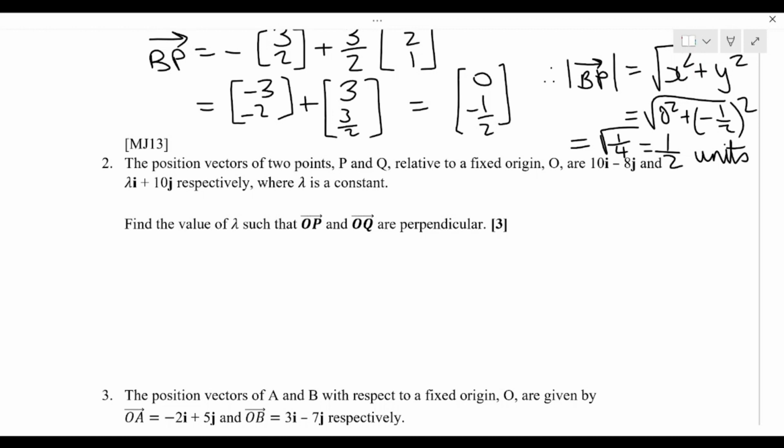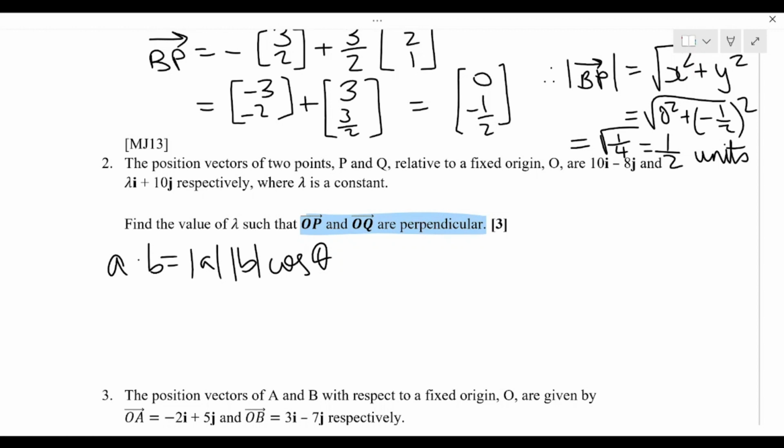So we should recall this formula, which states that the dot product of two vectors A and B is equal to the magnitude of vector A times the magnitude of vector B times cos theta, where theta is the angle between A and B. Now we're asked to find the value of lambda such that these vectors are perpendicular.